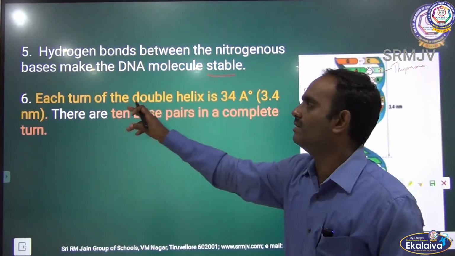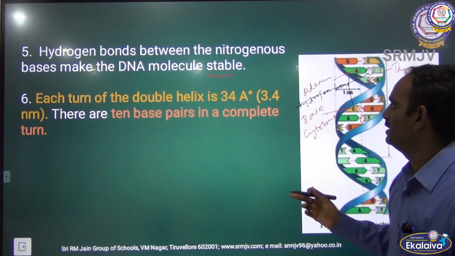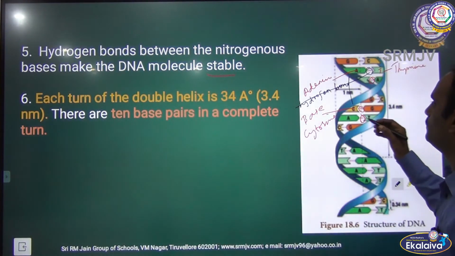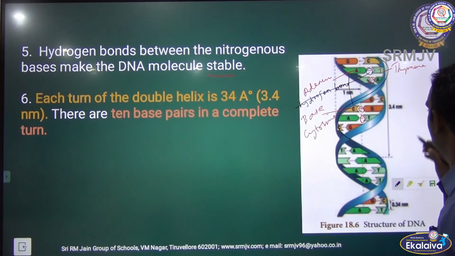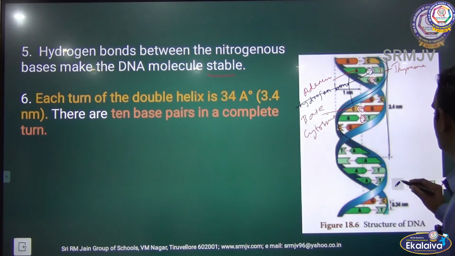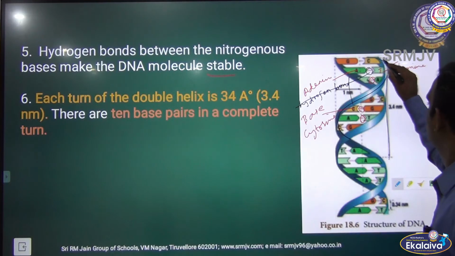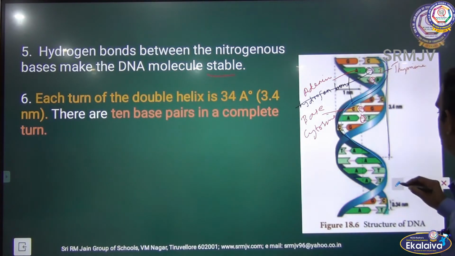Each turn of the double helical structure is about 34 Angstrom. This is one turn. So from here to here, this is one turn.